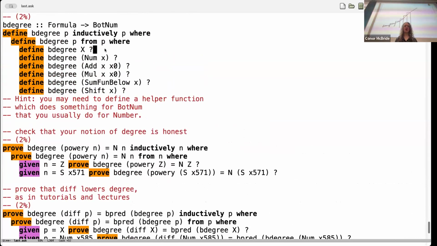Okay. So the degree of the variable is 1.